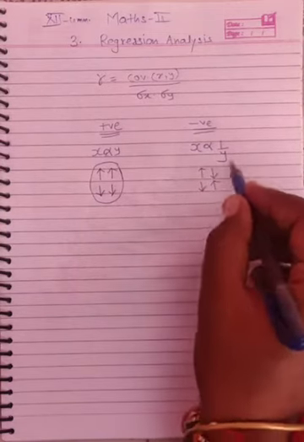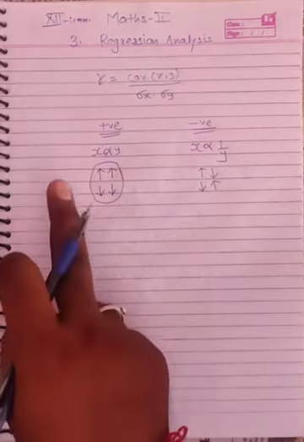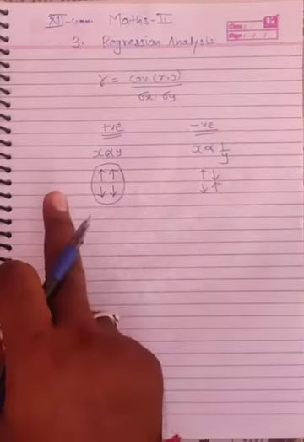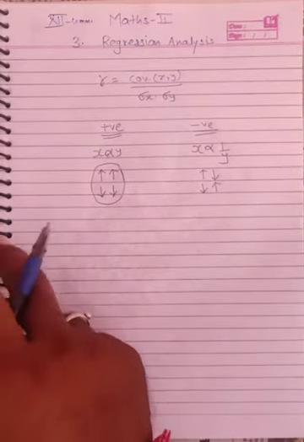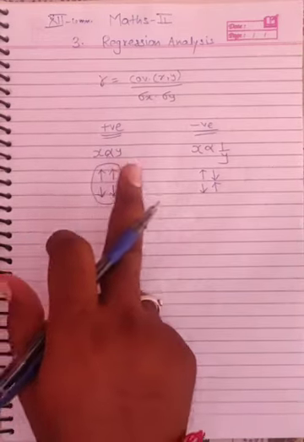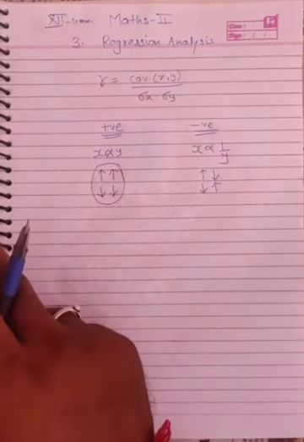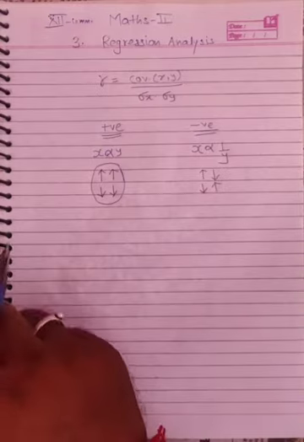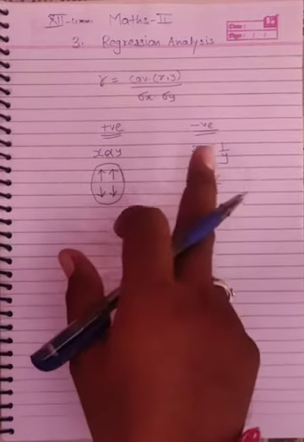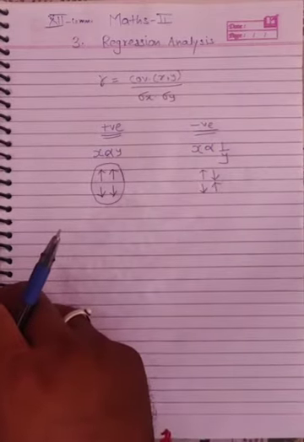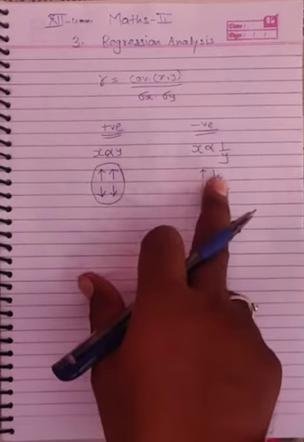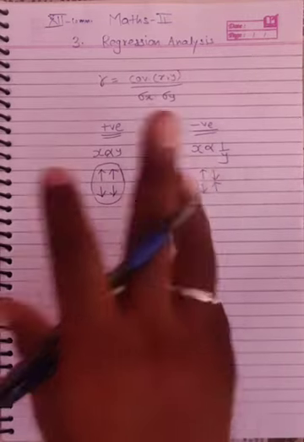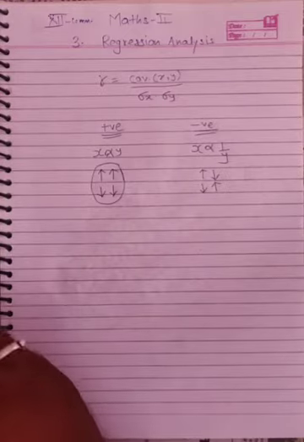That means there is inverse relation between x and y, and in positive correlation there is direct relation between x and y. That is, when one variable increases, then the other also increases. When one variable decreases, then the other also decreases. But in negative correlation, they are inversely proportional to each other. That means when one increases, the other decreases, and when the other decreases, then one increases.